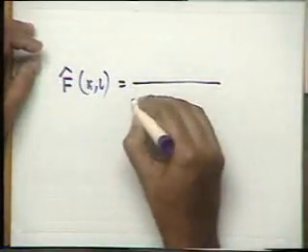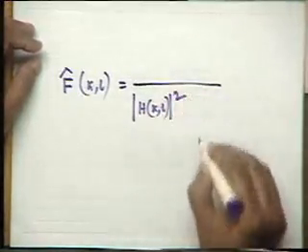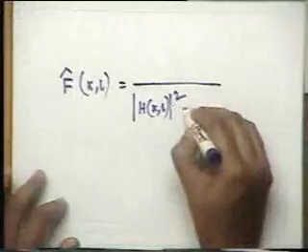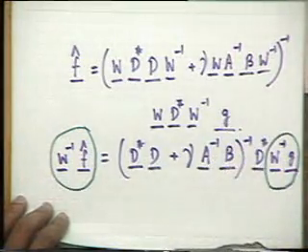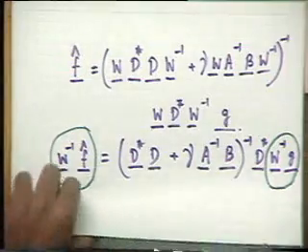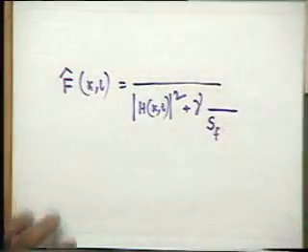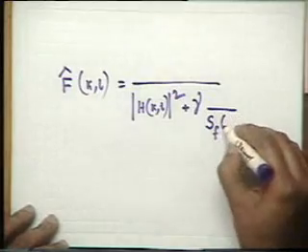So I write mod H_KL square, which indicates D star D, plus gamma, and again A inverse B. A will come in the denominator, and A indicates the power spectral density of the original signal. Let us call the power spectral density of the signal S_F, with index KL.